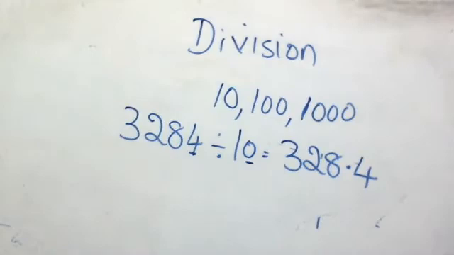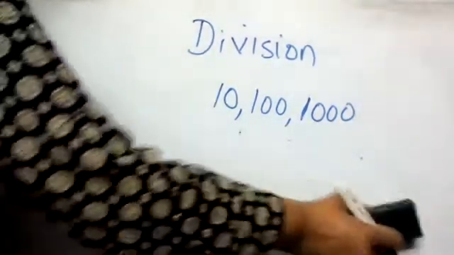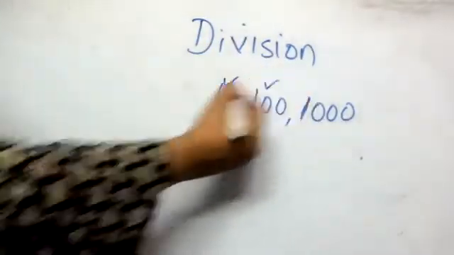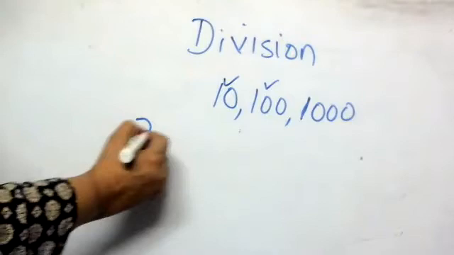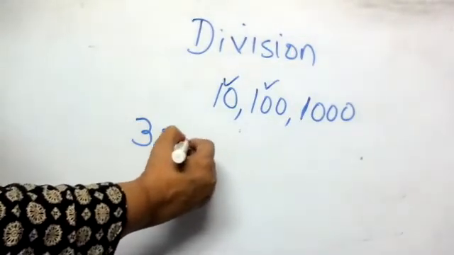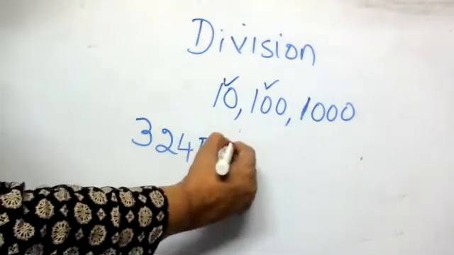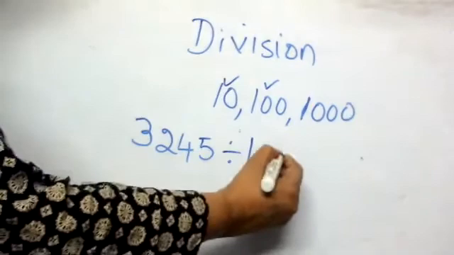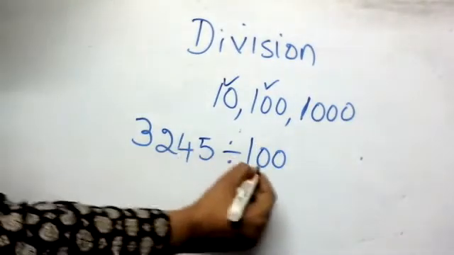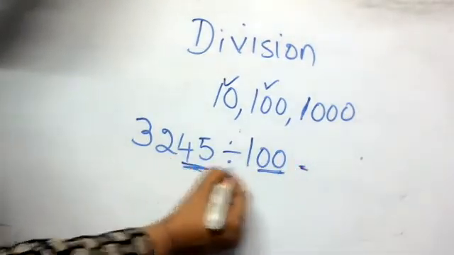Now, in the same way, you can solve the division with the 100th place. Same way, 3245 divided by 100. So there are two places, so the decimal point will be after 2 digits.